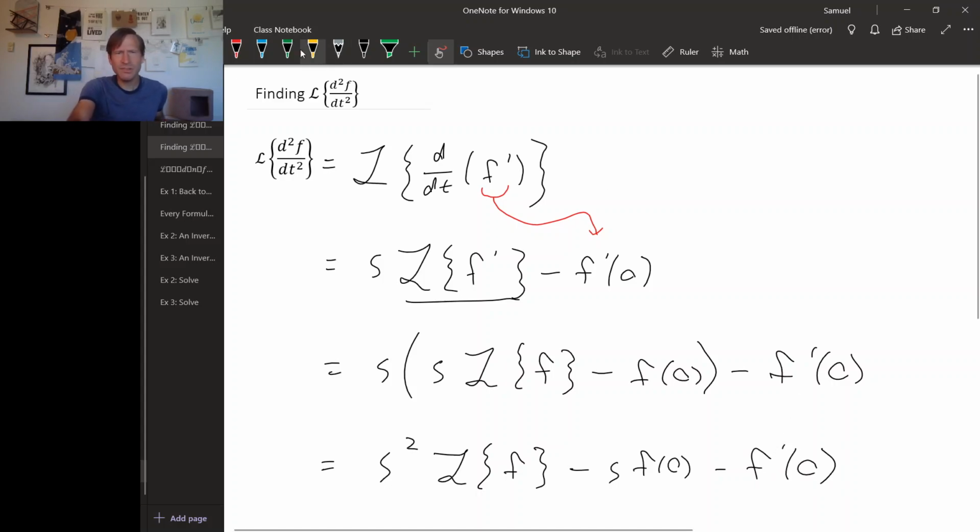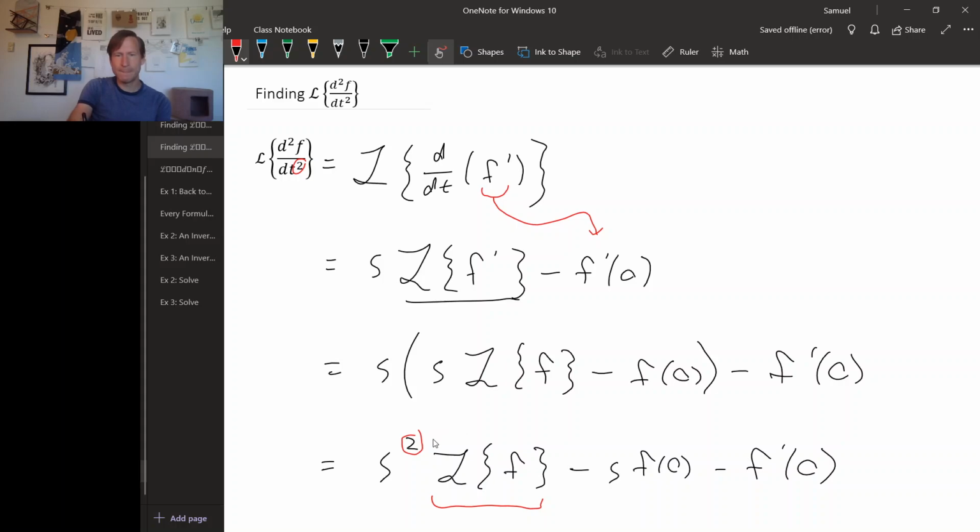So it looks like, if we needed a third derivative, we could do this whole game again, and a fourth and a fifth. But the pattern that's forming here is you start with whatever order you have on your derivative. You start with that power of s times the Laplace transform of your function, and then a bunch of initial values.